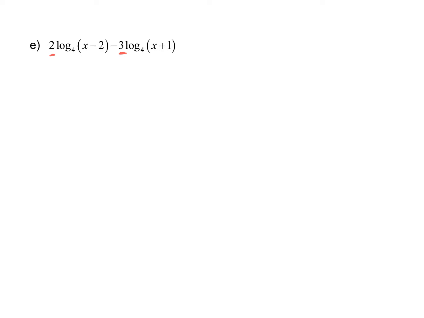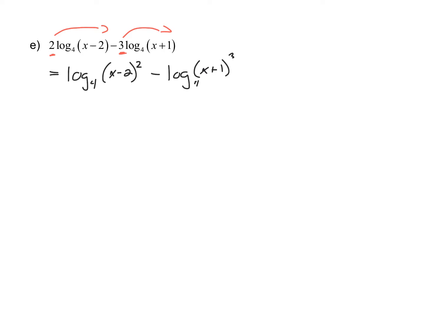So what I'm going to do is move those coefficients up into the exponents. Because remember, we can bring down our exponents, well, we can also take them up. So we're going to have the logarithm of x minus 2 squared minus the logarithm of x plus 1 cubed base 4.